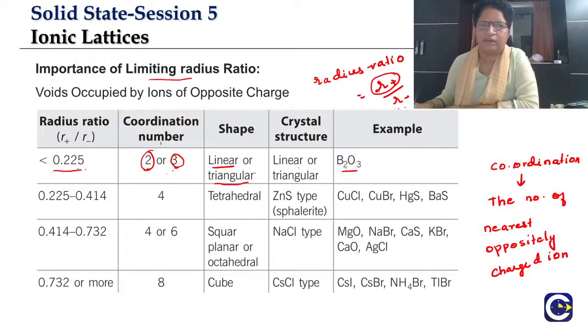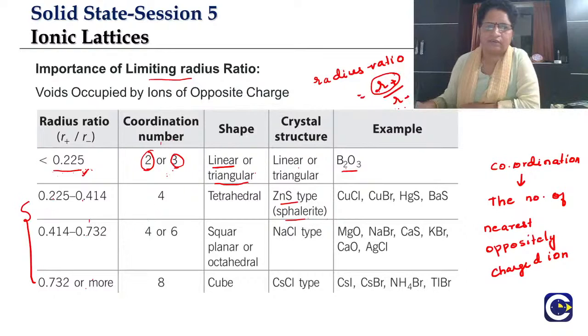Our concentration for the competitive exams will be these 3. Though this might be asked, let's concentrate on these 3 because sodium chloride, cesium chloride, and zinc sulfide, which has a sphalerite structure, have been given more concentration.